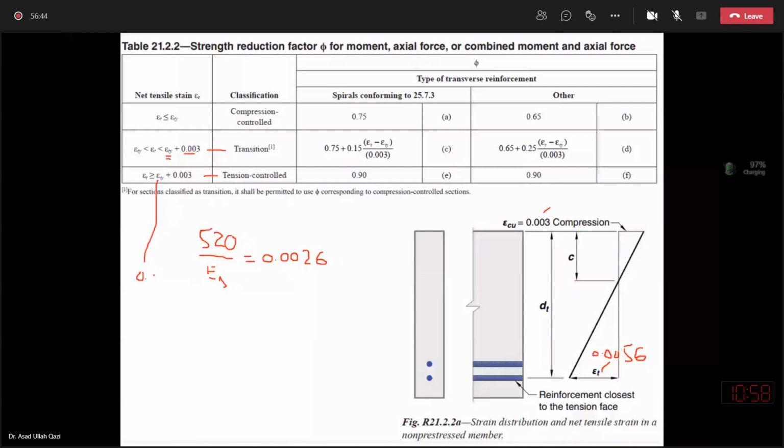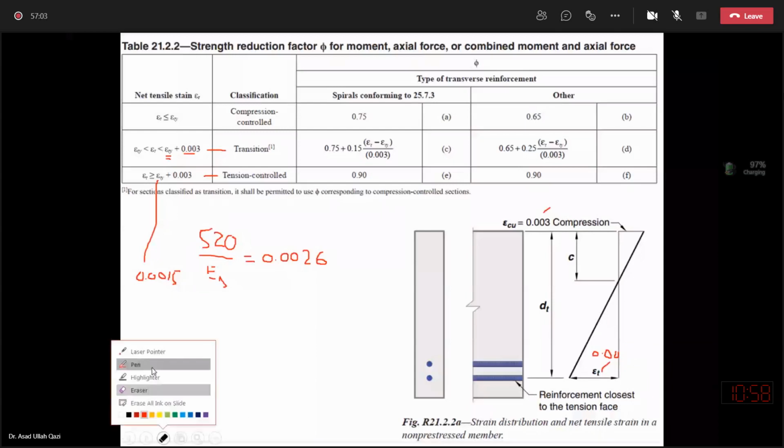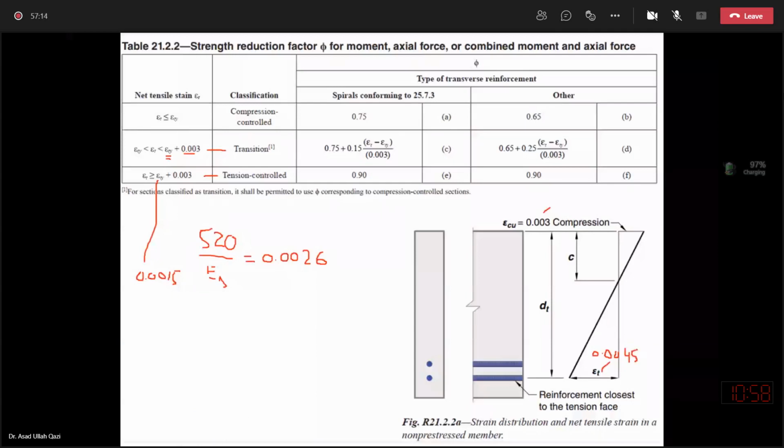So as per latest code, it means 0.0015 plus 0.003. So the latest code will relax you that for grade 300 steel, even if your steel strain is at 0.045, suppose, still you will qualify the tension control section.